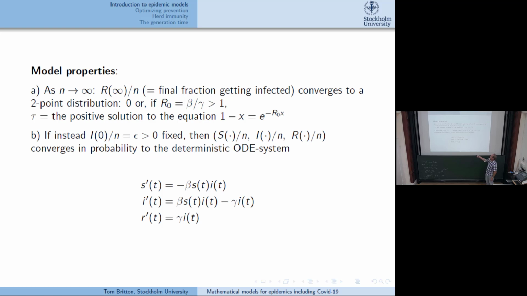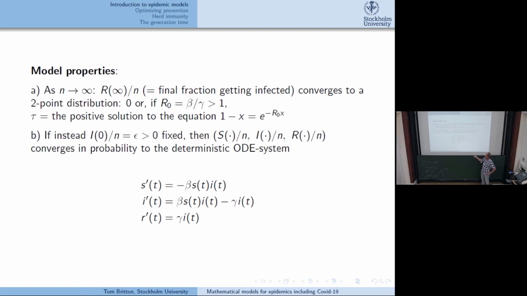And what does it converge to? Well, it converges to this set of differential equations, and this is the simplest of all mathematical epidemic models. This is the SIR, the deterministic SIR epidemic. So it's just a differential equation. You can skip one of them because they sum to 1 and the derivatives sum to 0.